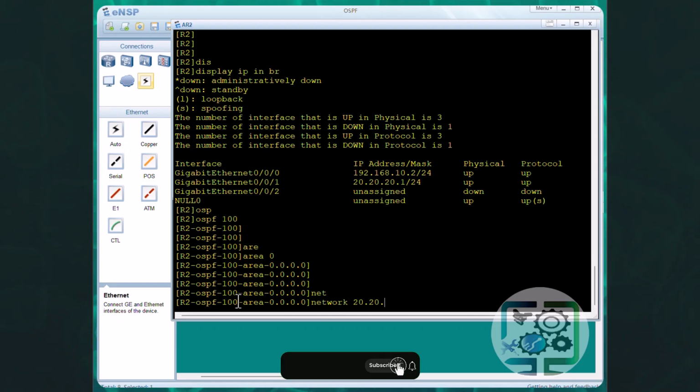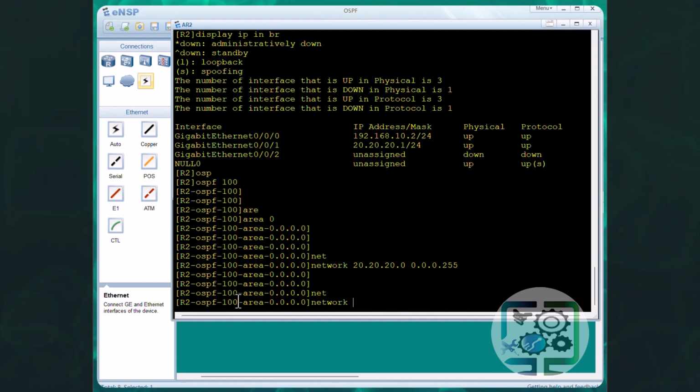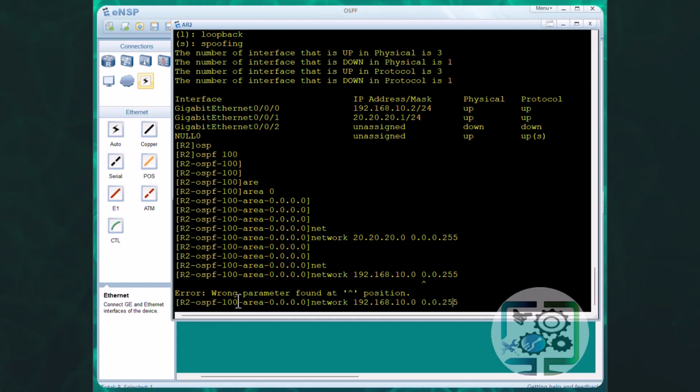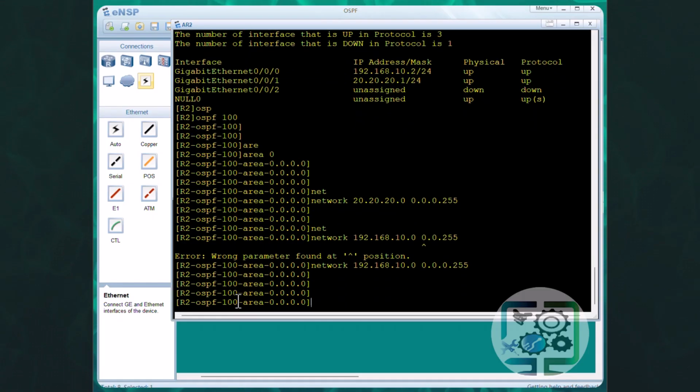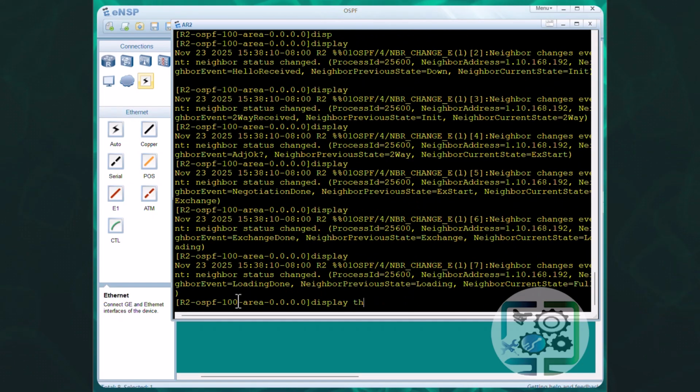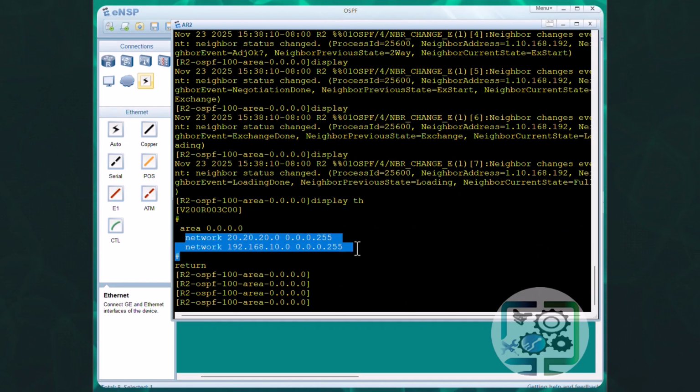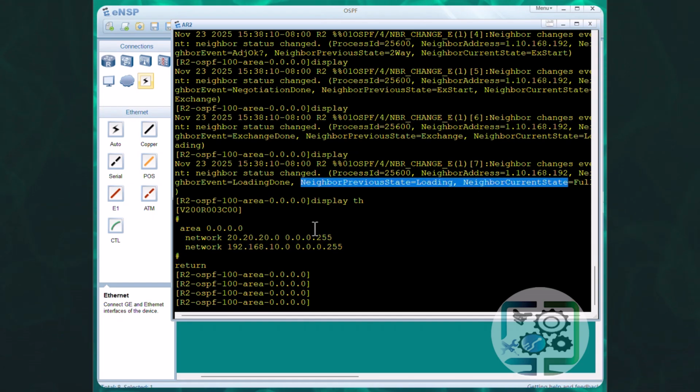These are 20.20.20.0 with wildcard 0.0.0.255, and the other network 192.168.10.0 with 0.0.0.255, the wildcard mask. Sorry, one zero is missing. So both networks are advertised, and neighbor adjacency is also established between both routers, router 1 and router 2.